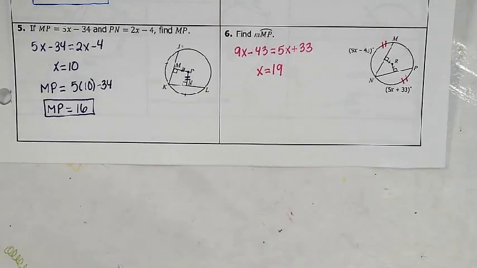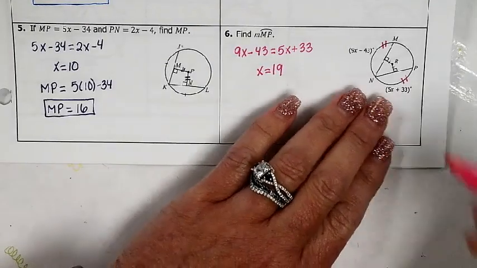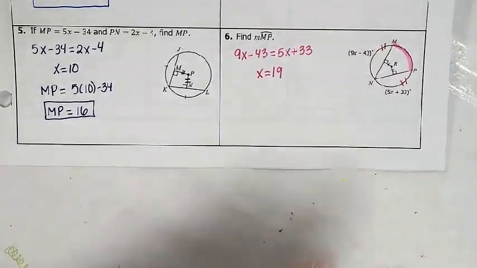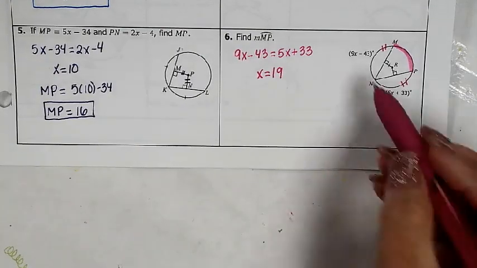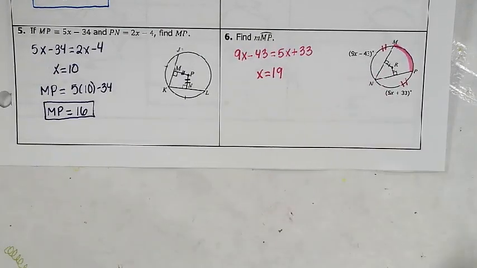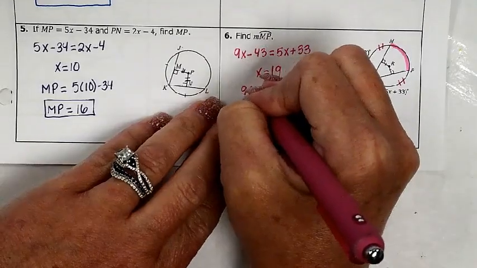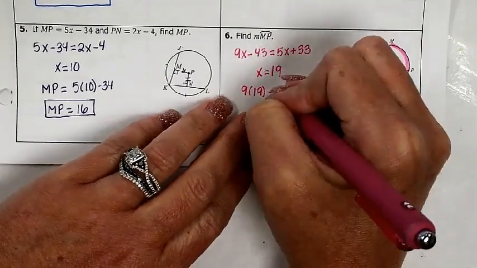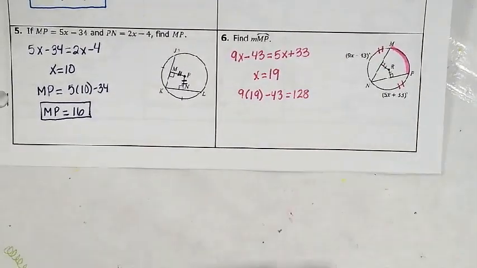So we're trying to find the measure of that arc right there. I know that these two are congruent to each other, so if I just plug in 19 for one of them, it doesn't matter. So 9 times 19 minus 43, we get 128. So this is 128 degrees.